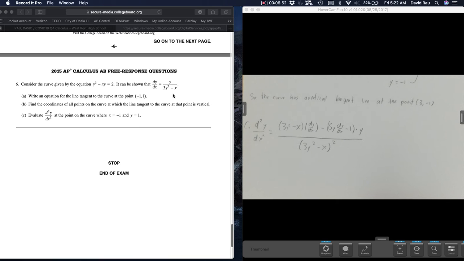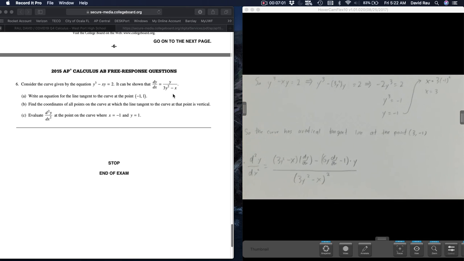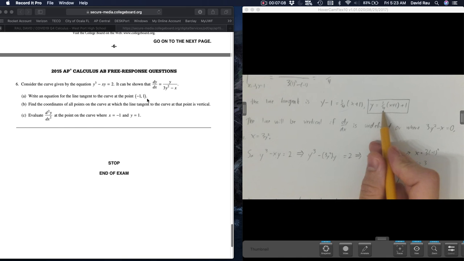Okay. So here's the good news. We don't have to do maybe as much work as you might be thinking, because you actually already know dy/dx at (-1, 1), because that's what we got up here.